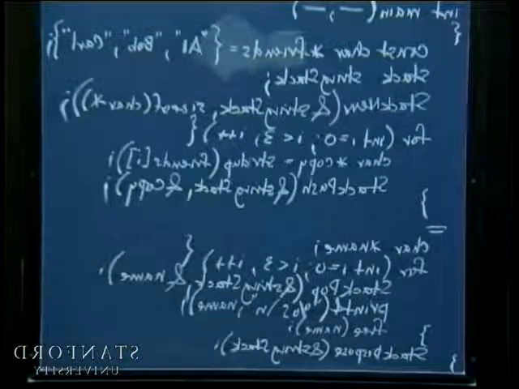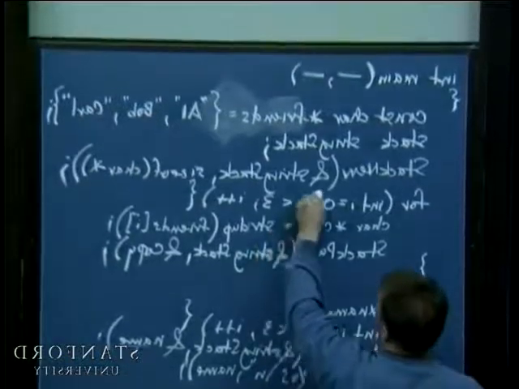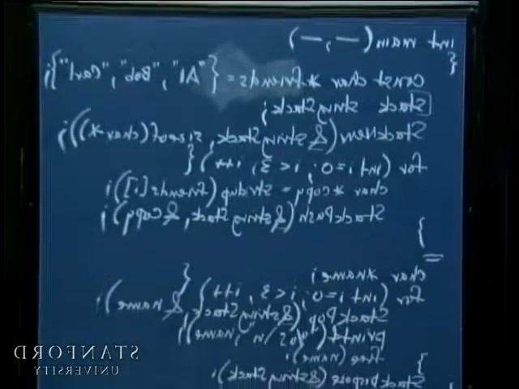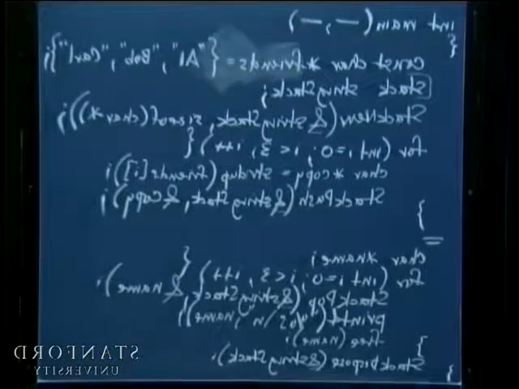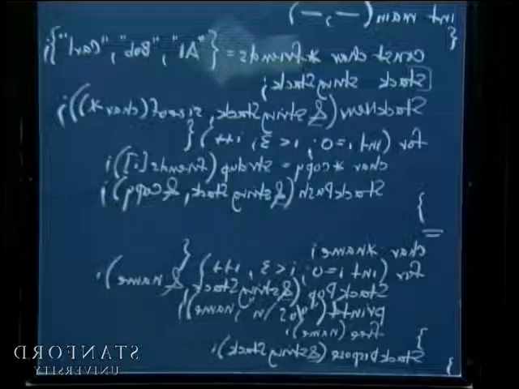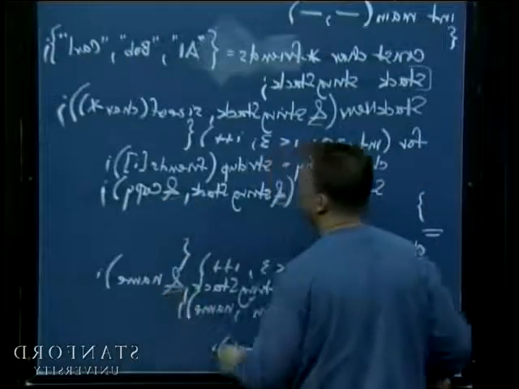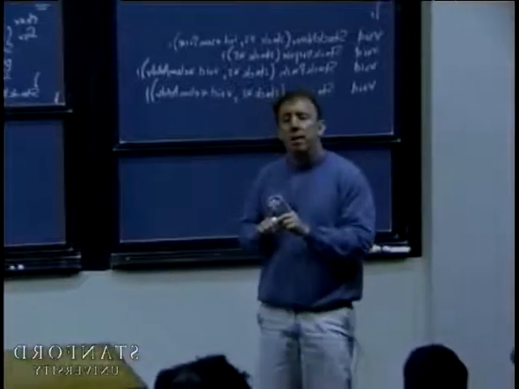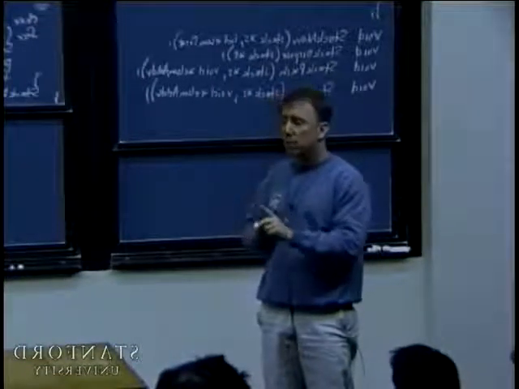Now, these ampersands right here typically don't surprise people because I'm dealing with a direct allocation on the stack frame of this function, this thing called string stack, and I have to pass the location of it around. Okay. These ampersands right there very often surprise people. If you did not put them there, for many of the same reasons we saw in previous examples, it would still compile and run.